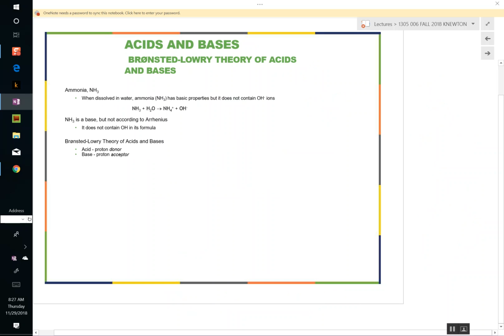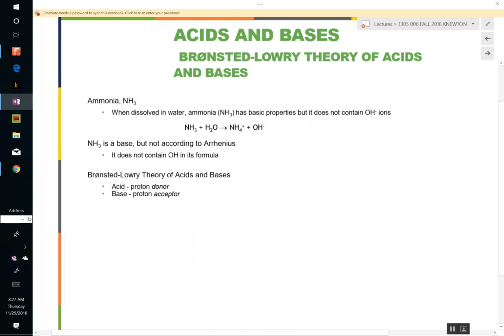I'm sorry this font is so small, but we come along with something like ammonia, NH3, and you look at it and you think, that looks like an acid. It's got hydrogens. But actually, when you put this into water, it accepts a proton from the water.